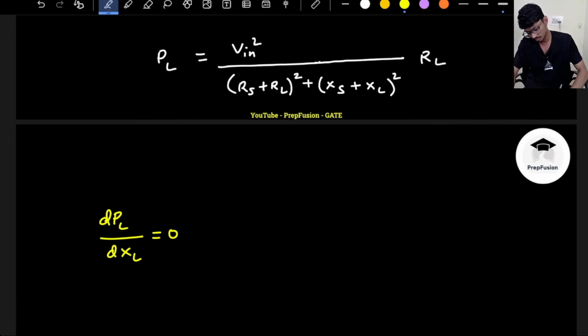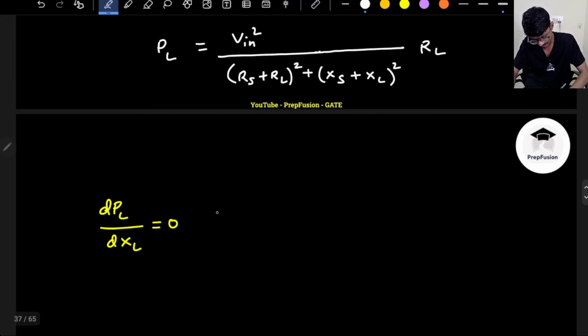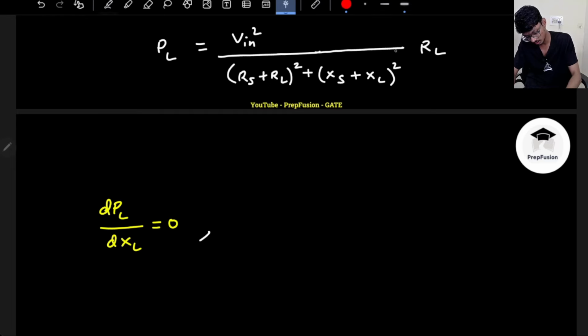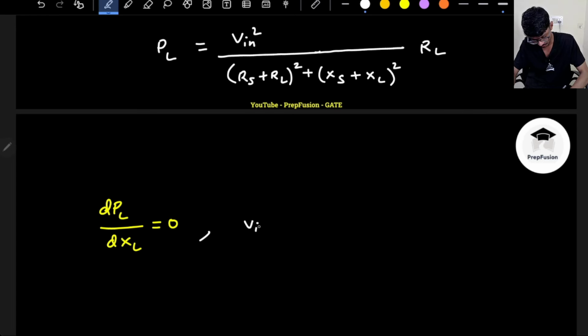Okay, so if I differentiate this, Vin square is obviously constant, right? So this whole numerator is constant, and only the denominator is changing. So this will be minus; Vin square into RL can be outside.